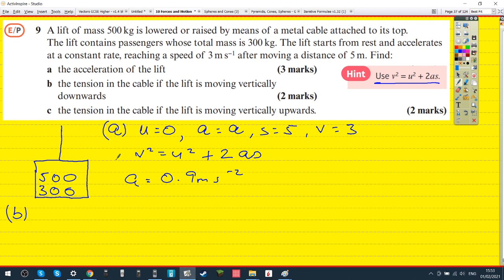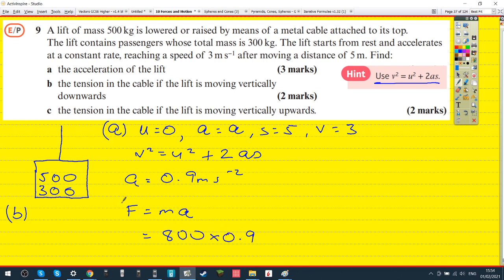So, all right, what do you get? I would get... No. Let me think. So it's basically F equals ma. The mass is 800. The acceleration is 0.9.